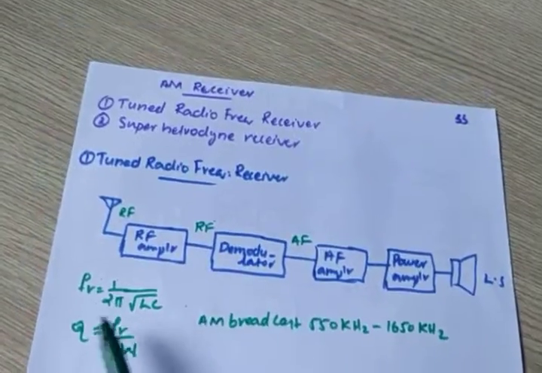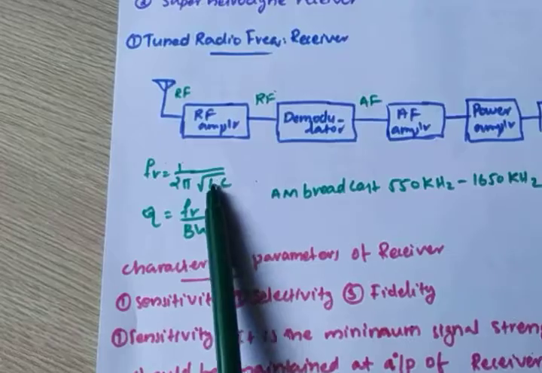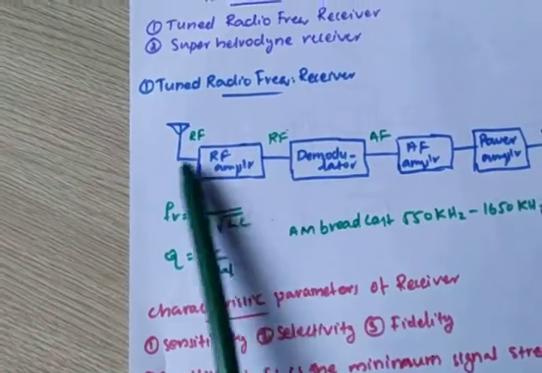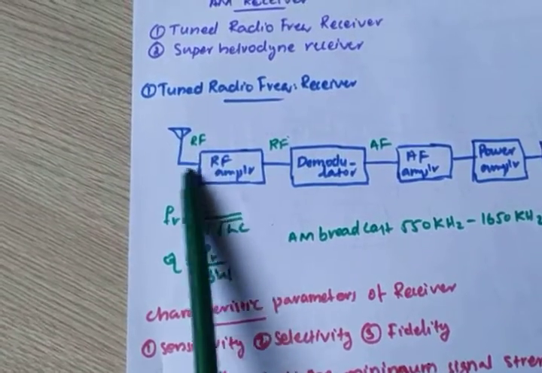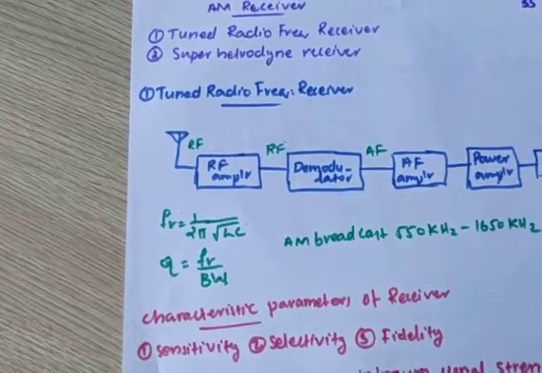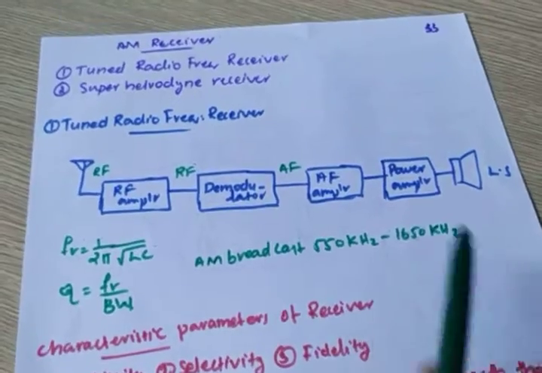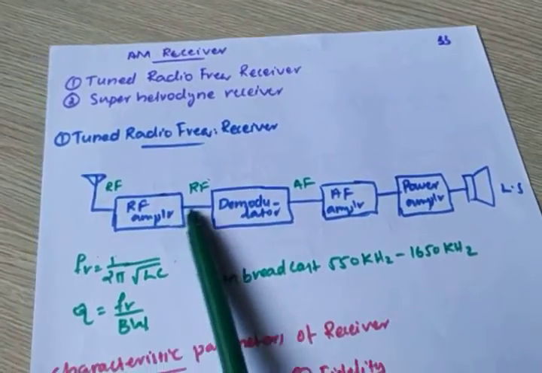You have to come across two points here. The signal is picked up by this antenna and given to the RF amplifier. The amplifier used here is a tuned amplifier.